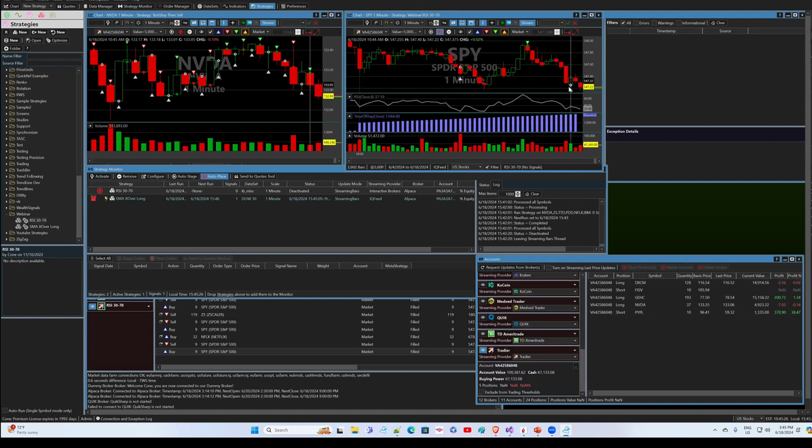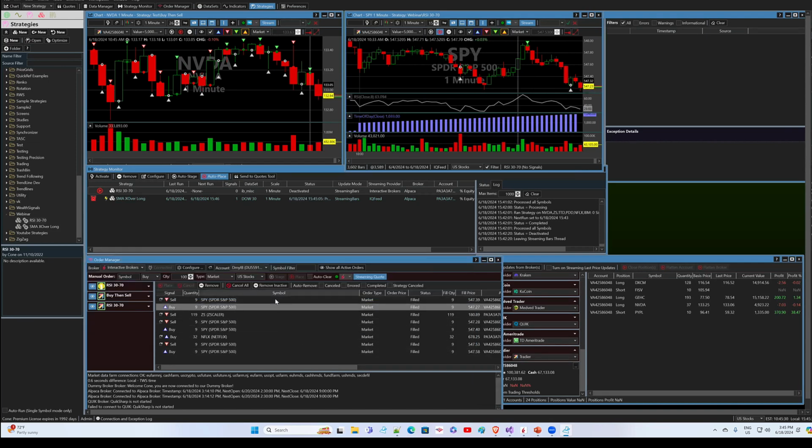Since this position is not there, you're going to see an error in the order manager later when this happens, that it couldn't match the position to sell it. Okay, so this is an expected outcome of this scenario.